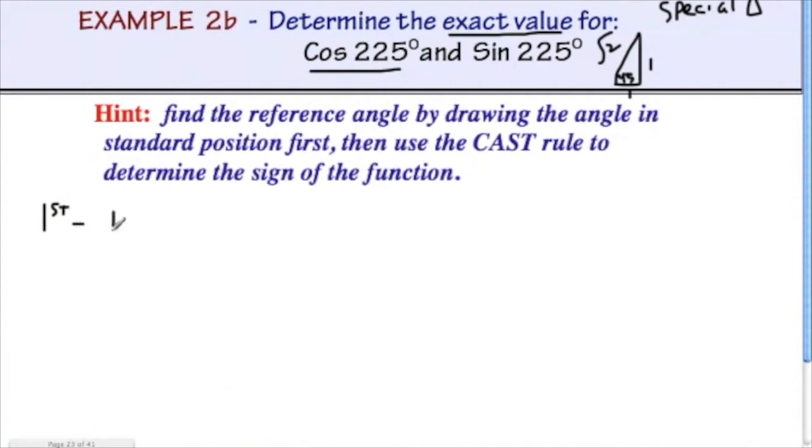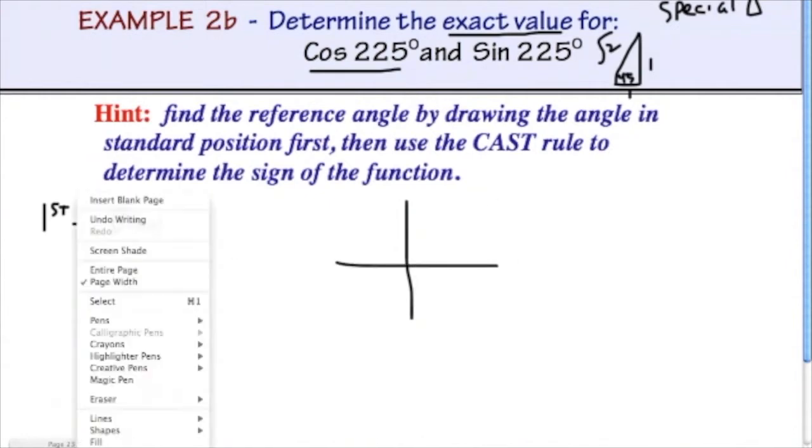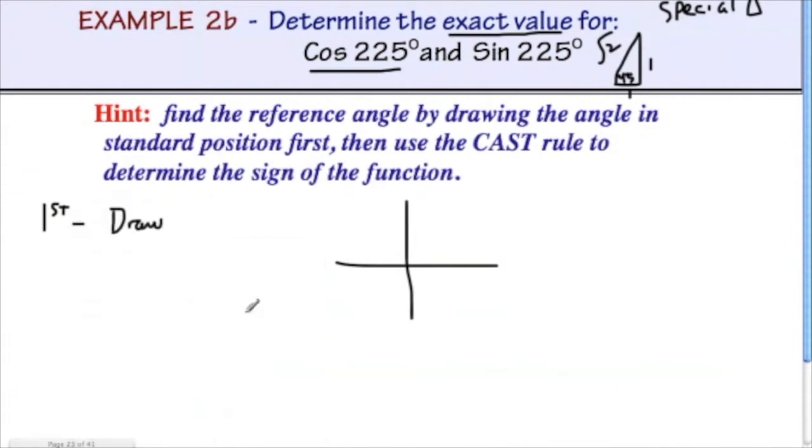First step: you want to draw. So let's just draw a picture. All right, so we got that. Let's get a different color now, and let's go to, where is 225? Well, it's past 180, about there.